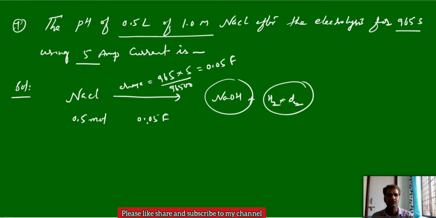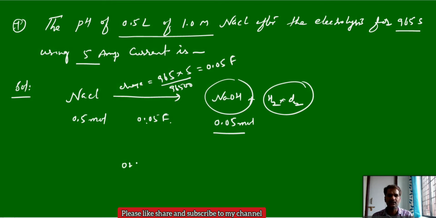Then 0.05 Faraday means you will get 0.05 moles of NaOH. So this much amount of NaOH is formed. That you convert into concentration. This many moles, and the volume is 0.5 liters.